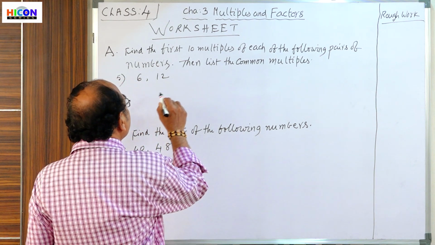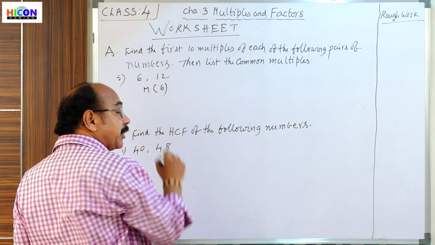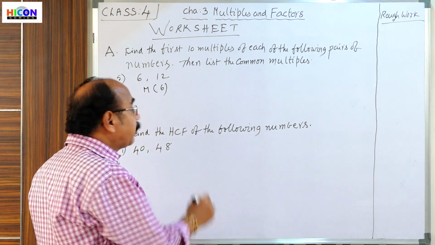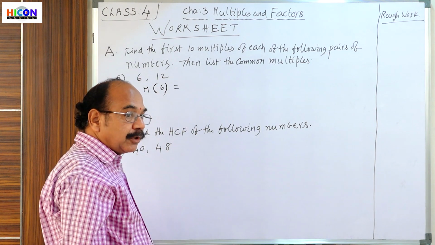So here, first the multiples of 6, M stands for multiples, and the bracket represents "of". What are the multiples of 6?